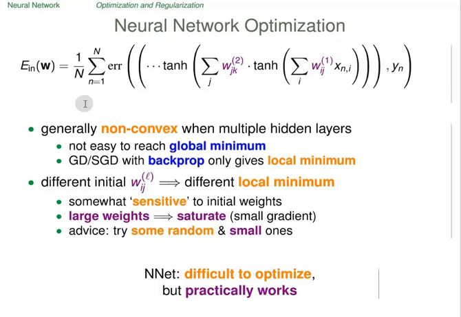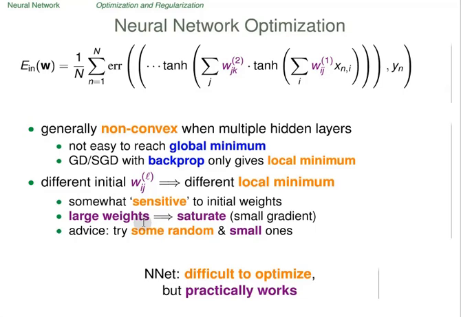Generally, the in-sample error of a neural network is non-convex, which means that we cannot reach the global minimum using gradient descent algorithms. This is a different situation in comparison to logistic regression and support vector machines, where we dealt with convex functions. Choosing the initial weights and deciding when to stop the gradient descent can be tricky compared to logistic regression, because the in-sample error is not convex anymore.